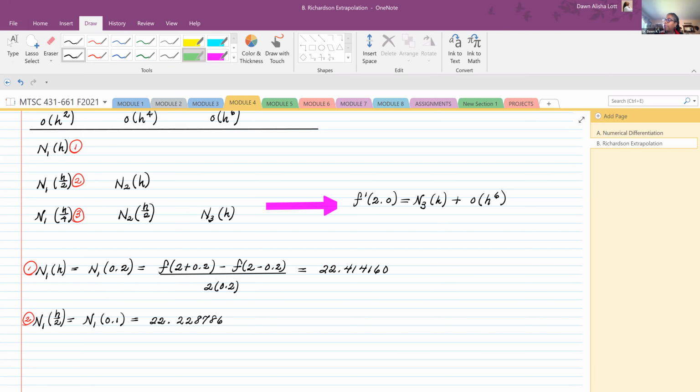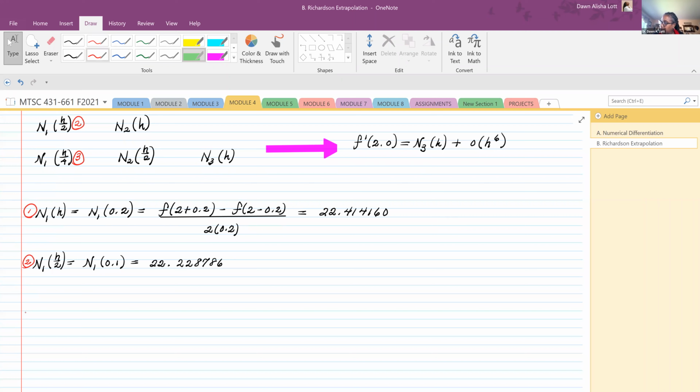So now for number 3, we need N1 of H over 4. So that's N1 of 0.05. And so that turns out to be 22.182564. Okay.